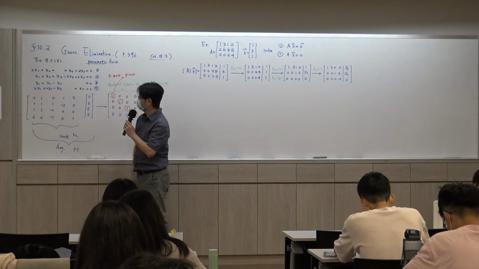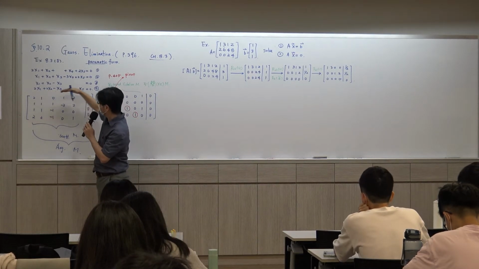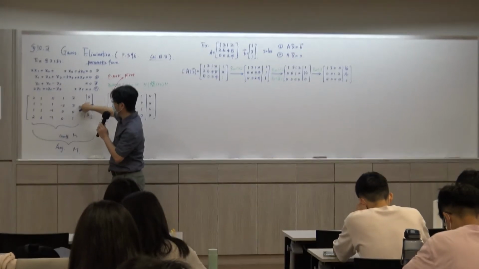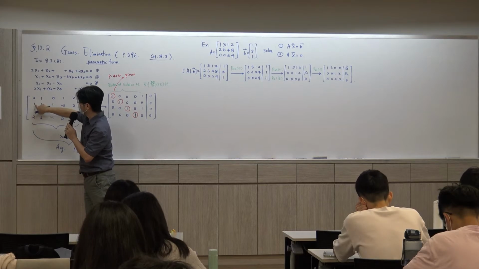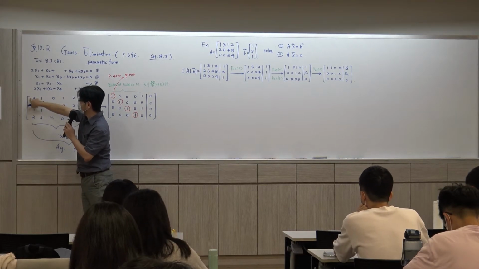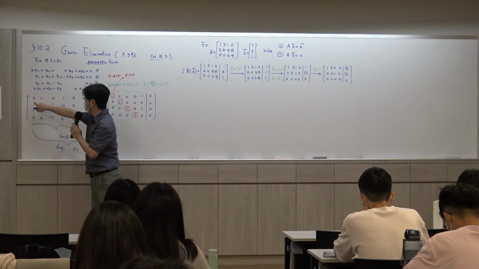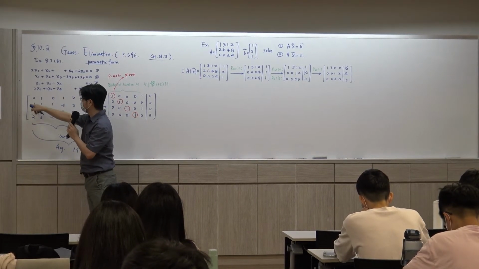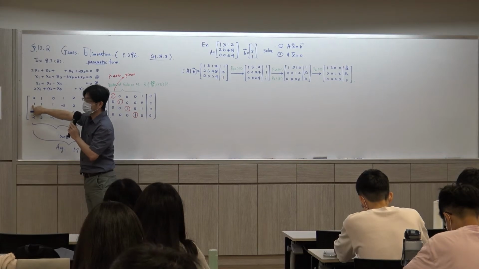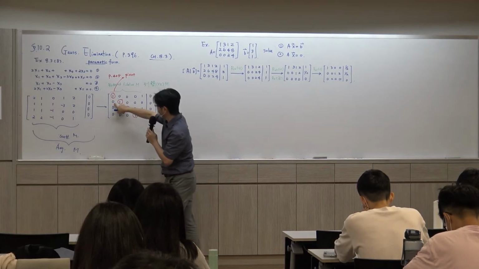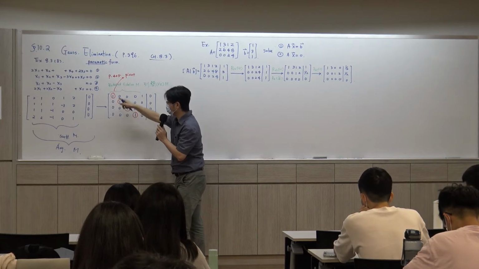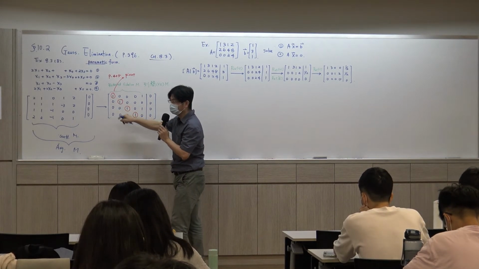Similarly here, we can flip the first row and the second row, and the 1 goes to the first row, right? Then we can take the first row times -2 to cancel out the second row to create the 0. So we can use a method to create a lot of 0 elements.